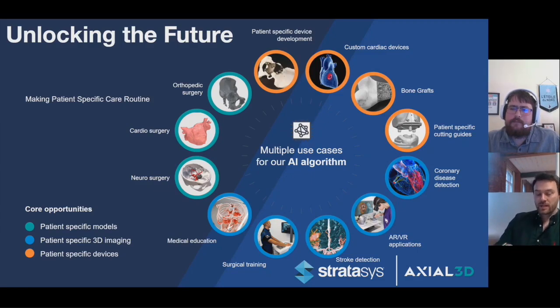But luckily with our technology, what medical device companies can start to do is shave years off their processing time to start to bring these individualized patient-specific implants to their portfolios.